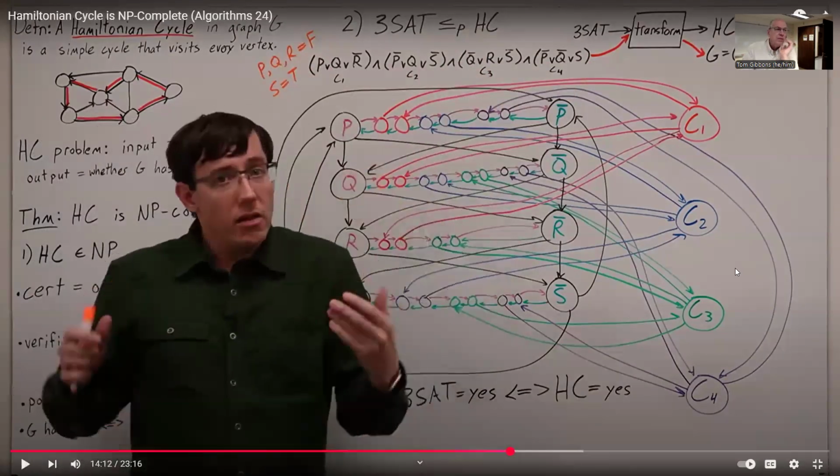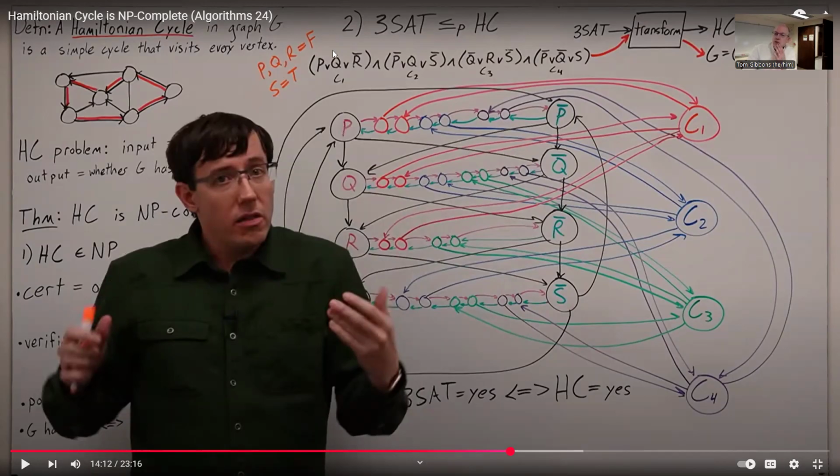And so what's important here is the idea that you're given a solution and you want to verify it. So you're given an assignment of P, Q, R, and S that are either true or false. That means if P is true, you're going to start at P here and move across in this direction and go to various other things.